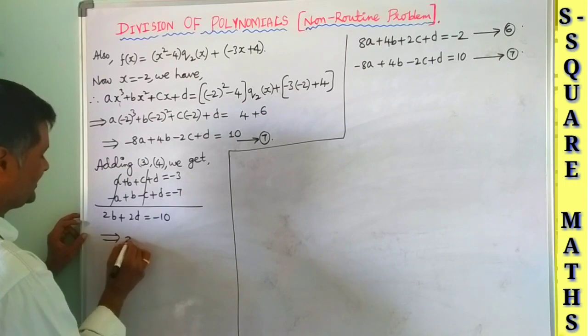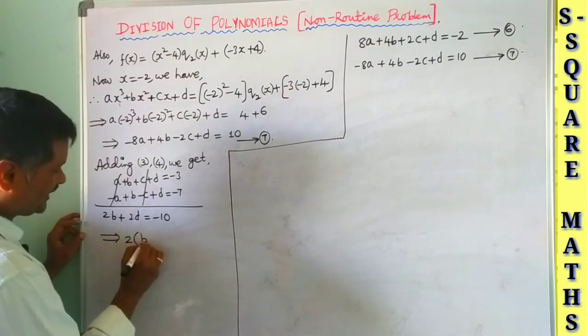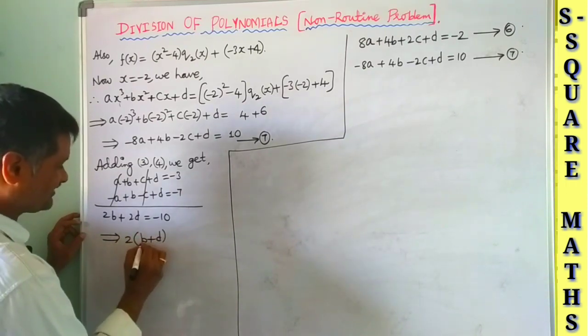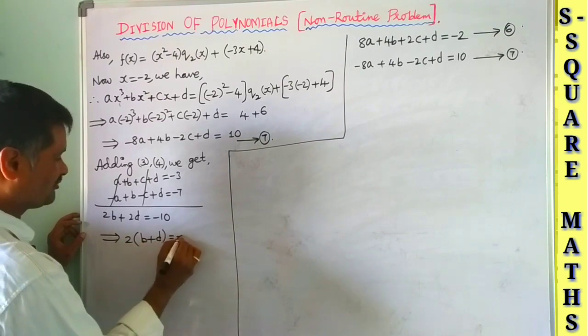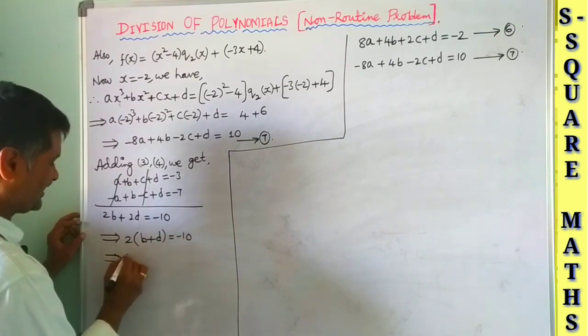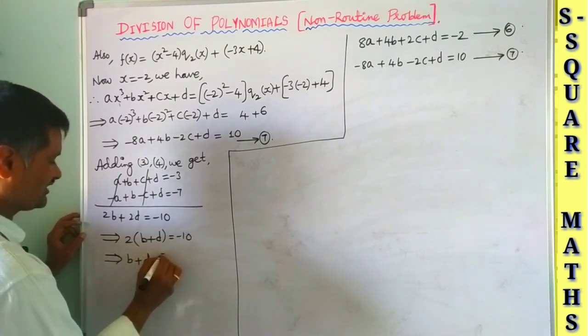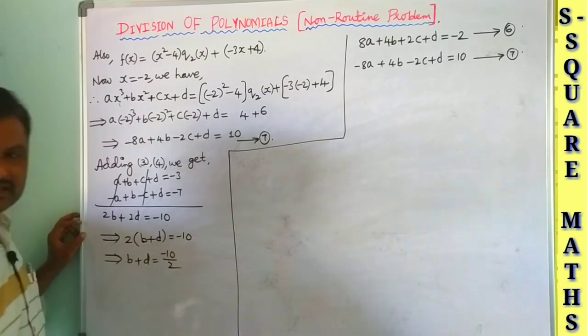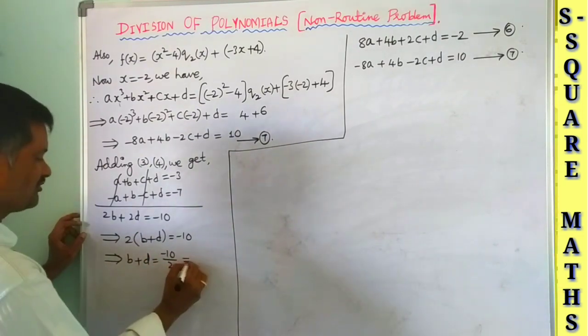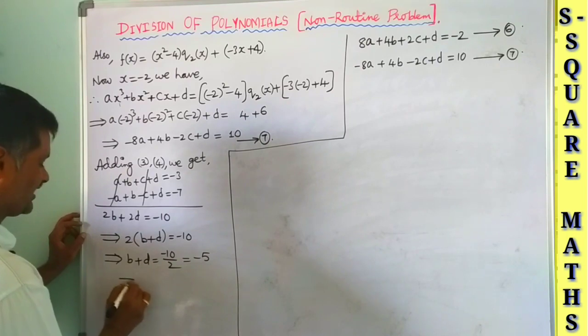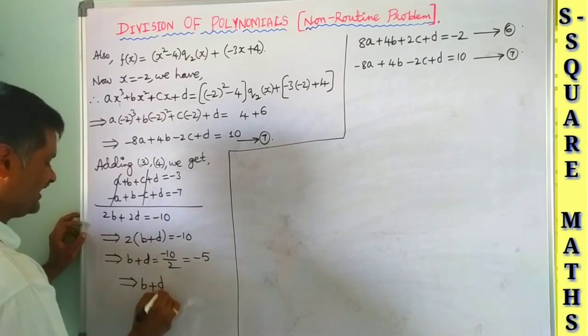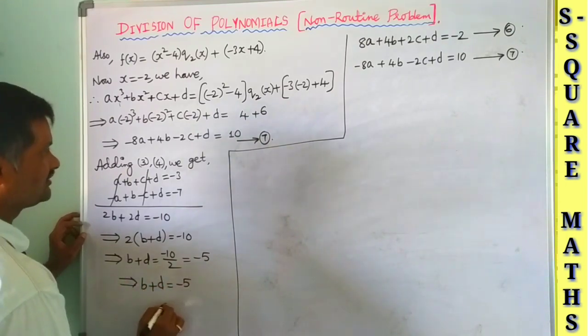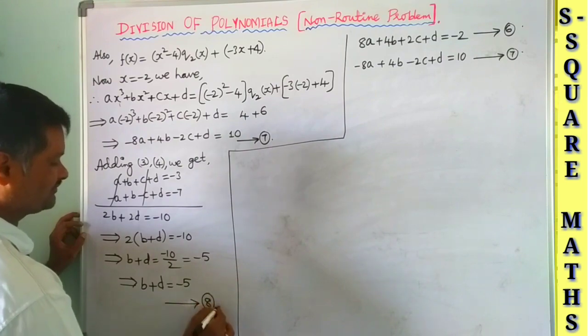Now I can write here 2 as common, so that 2 of b plus d is equal to minus 10. Then I can write here b plus d is equal to, since the operation is multiplication, coming this side means it becomes division, so minus 5. So finally I can write b plus d is equal to minus 5. So mark as equation number 8.